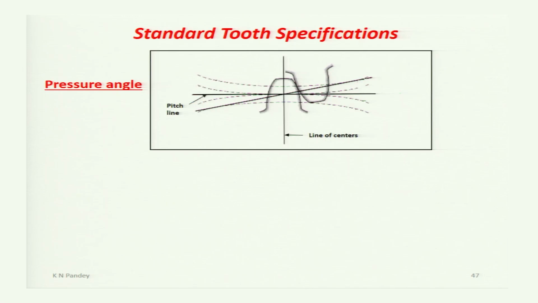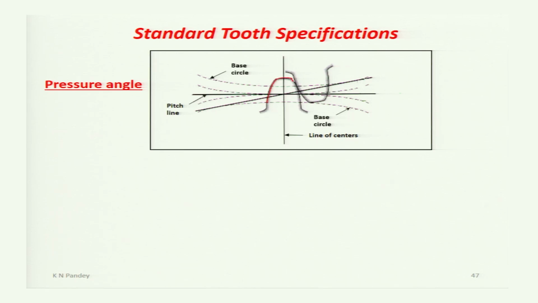Now standard tooth specifications, the pressure angle. If you have a base circle, this is the base circle, and from the base circle your involute tooth profile is generated.